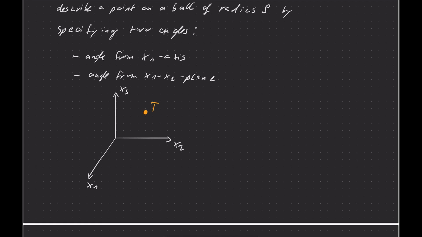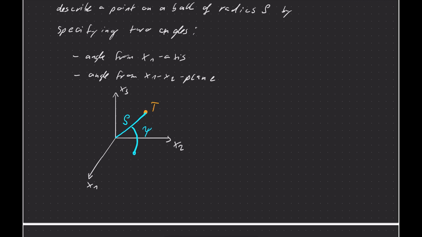First, we'll use the radius of that ball again. So the distance of the point from the origin, that is again rho. Then we'll describe the elevation of the point above the x1, x2 plane by a second angle. So this one here. And we call this angle psi.